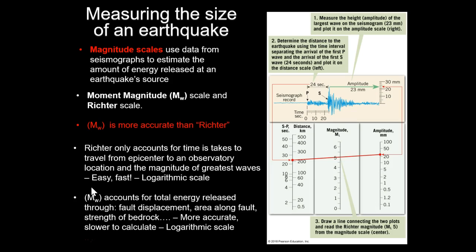But based on the relative size of the area that was affected and on the tectonic changes in both of those cases, the Alaska earthquake released considerably more energy than the San Francisco earthquake of 1906. So the Richter scale is very useful for medium magnitude earthquakes, and it is pretty cheap, but it is not so accurate for larger magnitude earthquakes.